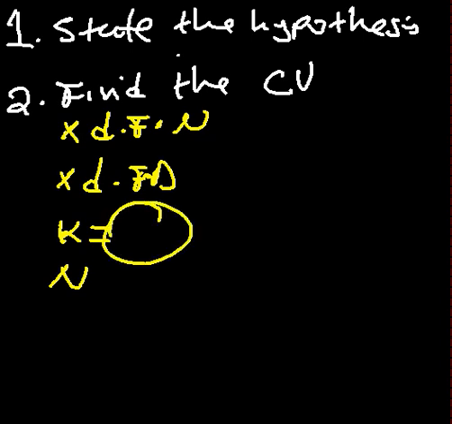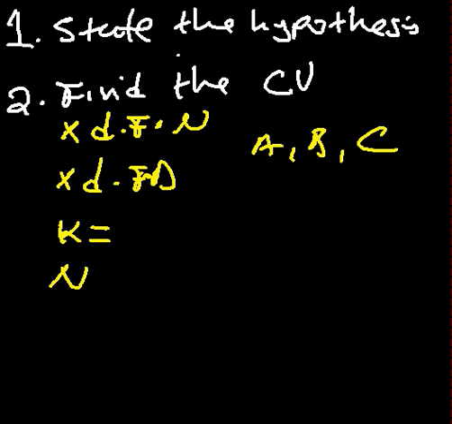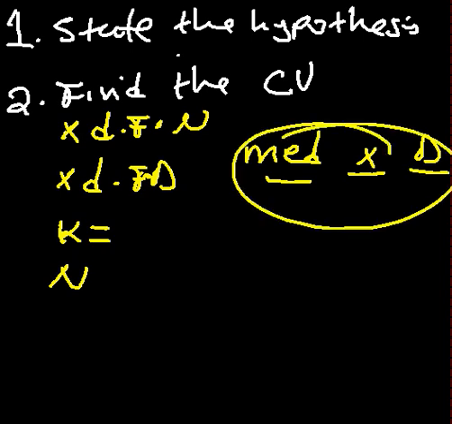So we can have subject A, subject B, or subject C. If the problem is about, let's say, a medication, we can have the medication there, and let's say exercise, and a diet, some sort of health-wise things.